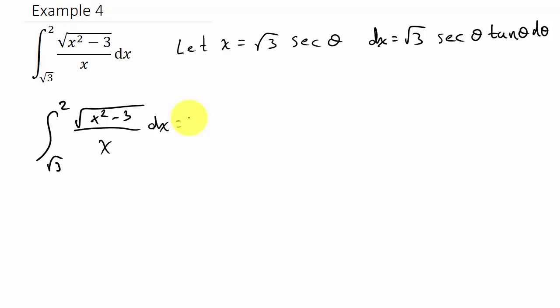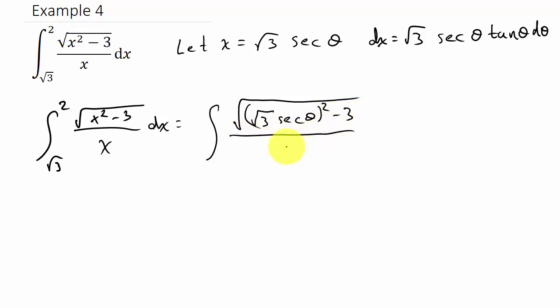Let's plug everything in. We're going to plug in for x, square root of 3 secant theta. So that's going to be square root of 3 secant theta, all squared, minus 3, all over x. Well, what's x? That's square root of 3 secant theta.